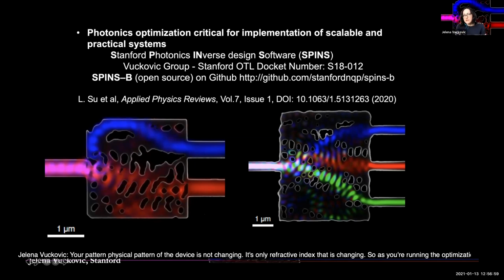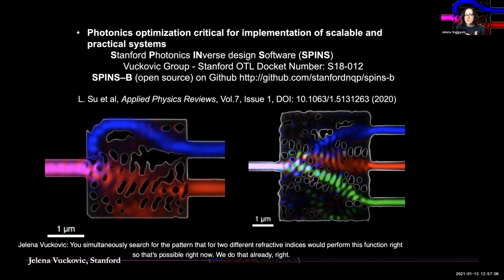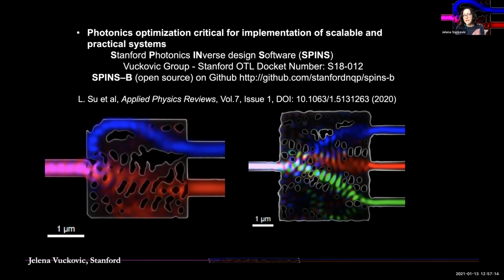The physical pattern of the device is not changing; it's only the refractive index that is changing. So as you run the optimization, you simultaneously search for the pattern that for two different refractive indices would perform this function. That's possible right now. We do that already.